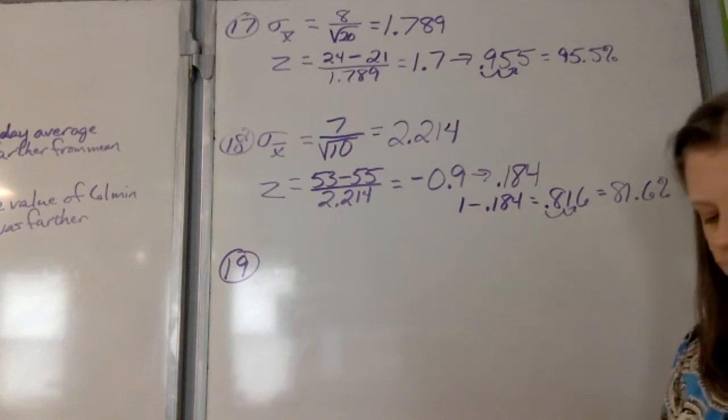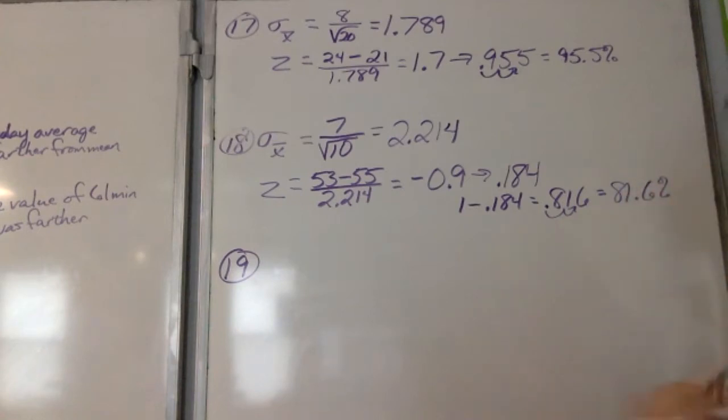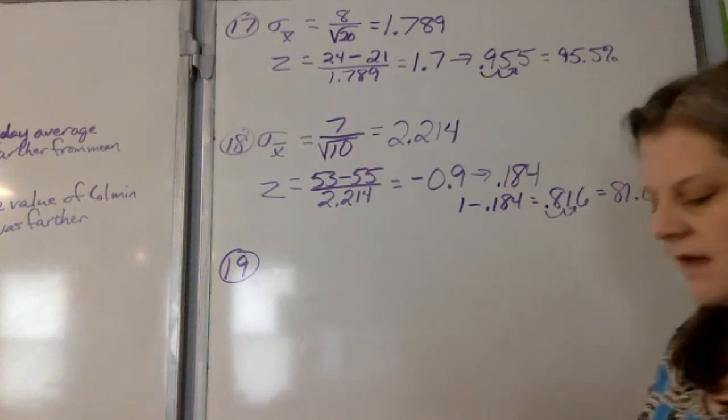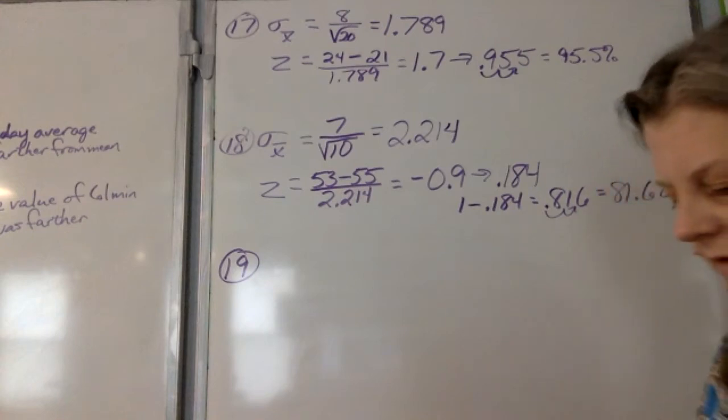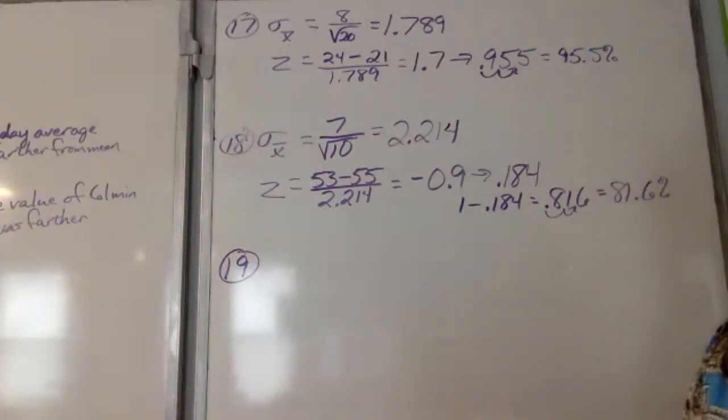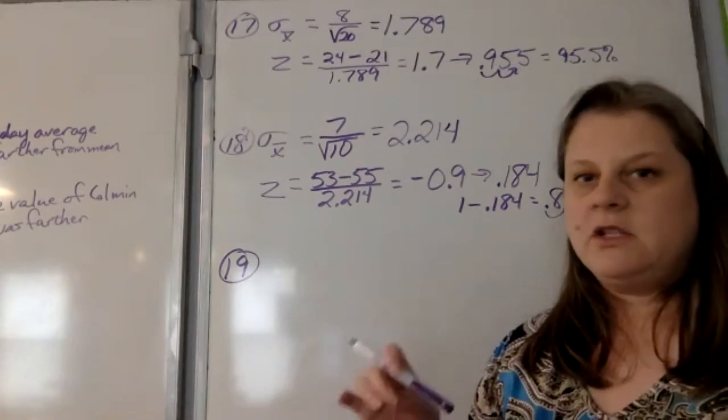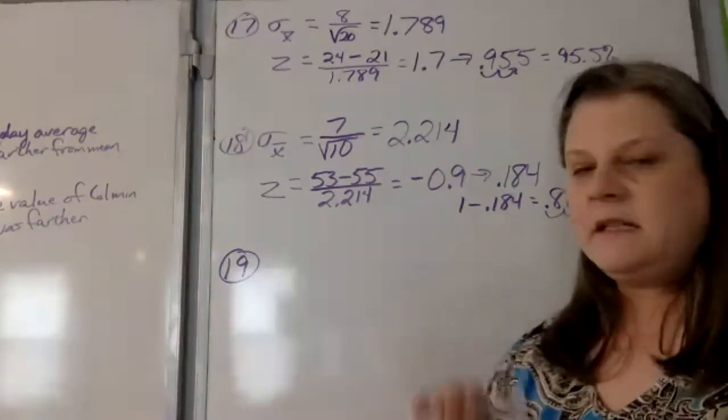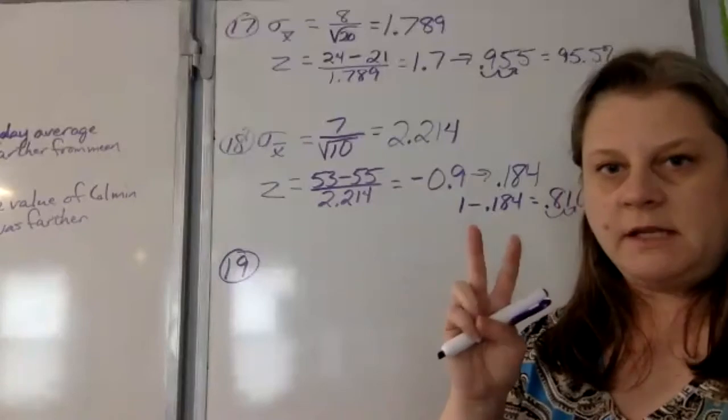Number 19. It says perform a hypothesis test on the following situation. Include the null and alternative hypotheses, the p-value, and the level of significance. Okay. What I'm most worried about is you knowing how to identify your 2 hypotheses.